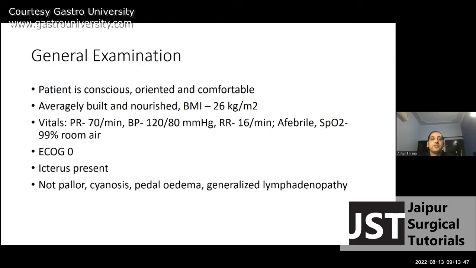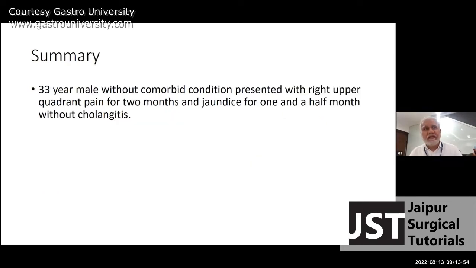Sir, general examination, patient is conscious, oriented. Before you proceed, let me ask you a question. So suppose I say this is malignant jaundice, you said benign. Sir, first he is a young fellow, and he doesn't have progressive type of jaundice, and he doesn't have any loss of weight or appetite. Yeah.